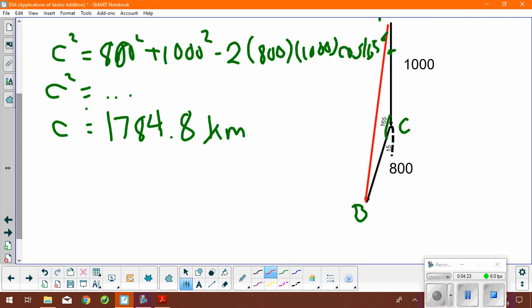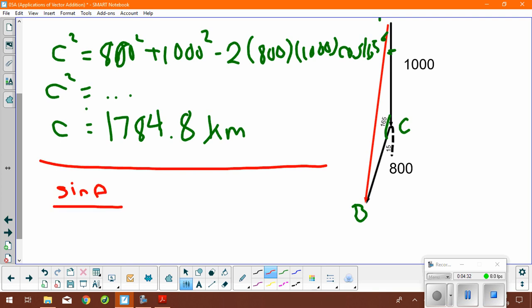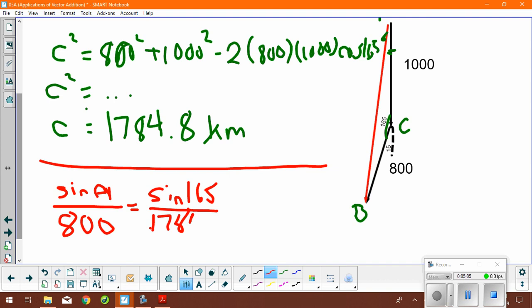Okay, so we have sine of A over 800 equals sine of C, so sine of 165 over newly found side there, 1784.8.